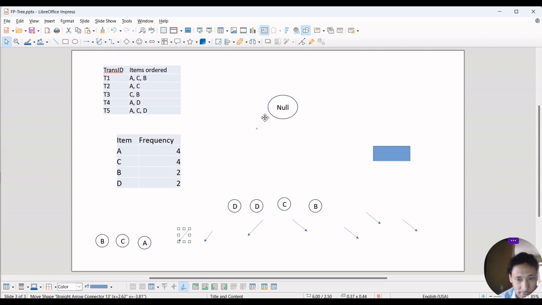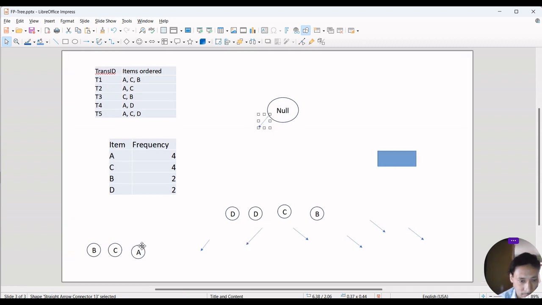The first item of our transaction is A. So let's put this A here. Then from A we will get C. So let's put C here. Then another branch, the next item is B. So in this way we will create the branch for the first transaction.